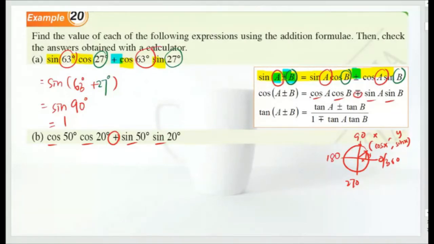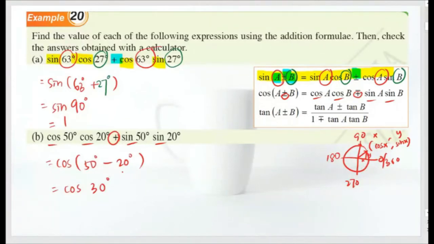So we have to use cos A minus B. The bottom sign is plus-minus, so it equals cos A minus B. A is 50 degree, B is 20 degree. 50 degree minus 20 degree, so it's cos 30 degree.